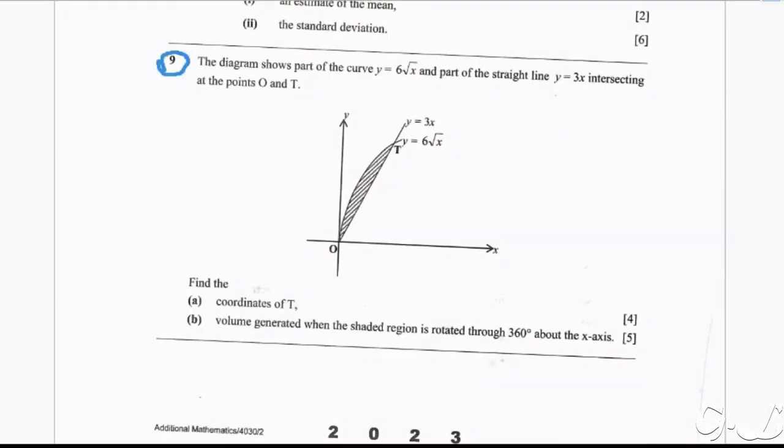Here is question number 9. The question has two parts, part A and part B. Part A carries 4 marks and part B carries 5 marks. So in this video, we shall be reviewing question number 9.